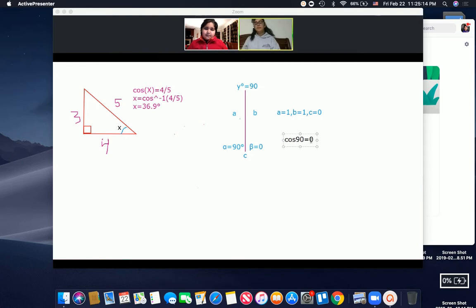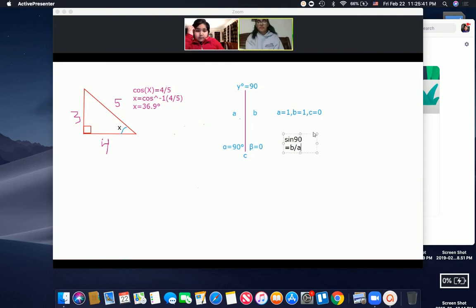So to show you what the ratios might look like, let me show you for sine first. If we were to do it with respect to alpha here, it would be sine of alpha, and since alpha is equal to 90 degrees, and sine is opposite over hypotenuse, in this case our opposite is b, and our hypotenuse is a over here.